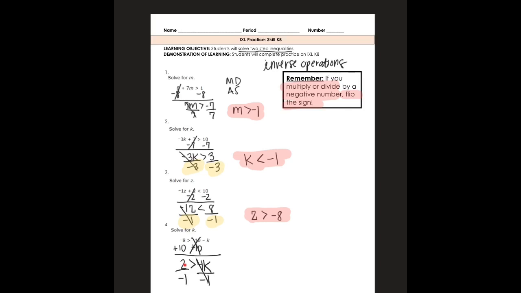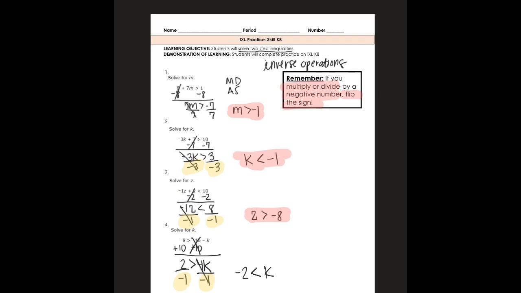And I have 2 divided by -1, which is -2. I'm dividing by a negative number here, again, so I need to flip the sign. So it points to the left now, and then the k is on the right side.